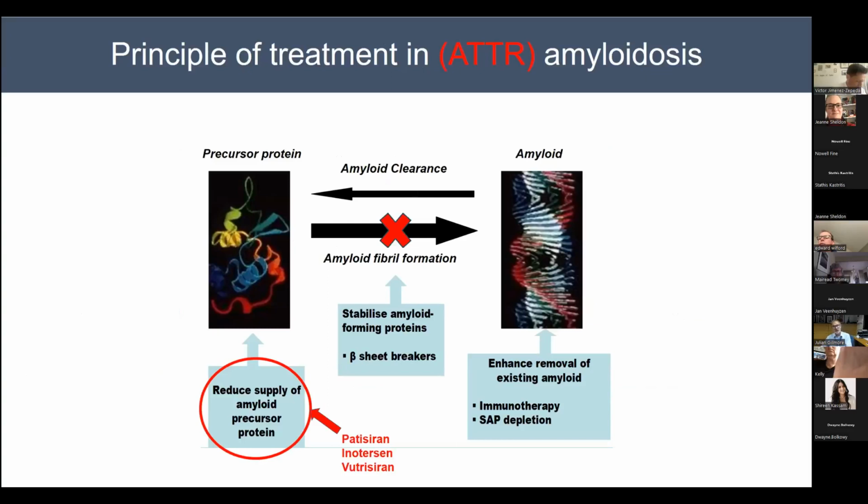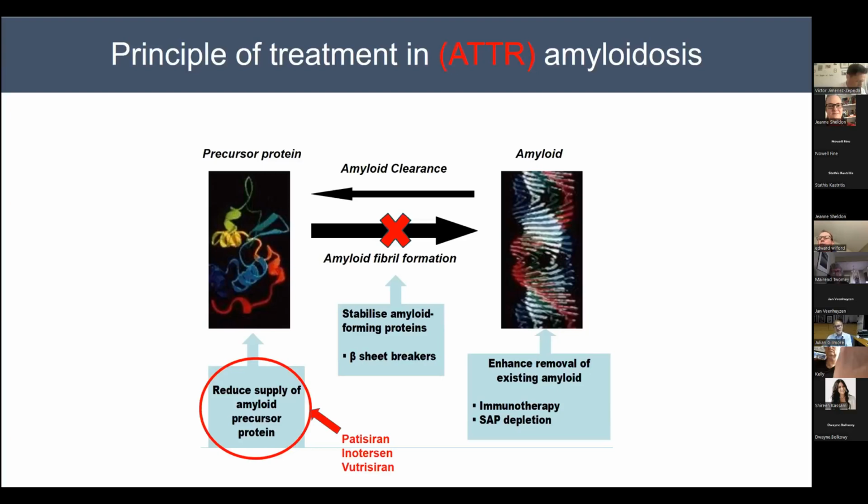So reducing the rate of amyloid formation may be achieved in one of two ways. The most tried and tested method in amyloidosis generally is to reduce the concentration of the circulating amyloid fibril precursor protein. Or specifically in ATTR amyloidosis, one can stabilize the TTR tetramer in the bloodstream with drugs such as tafamidis and acoramidis.